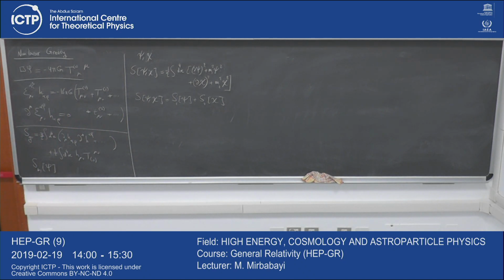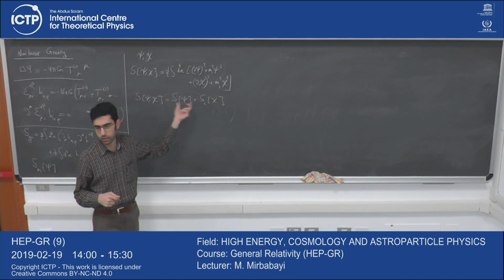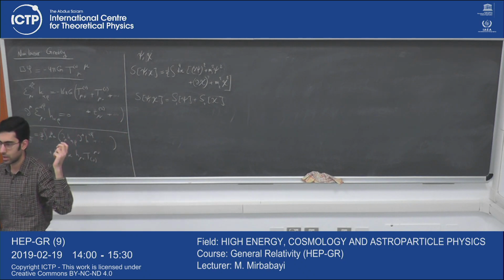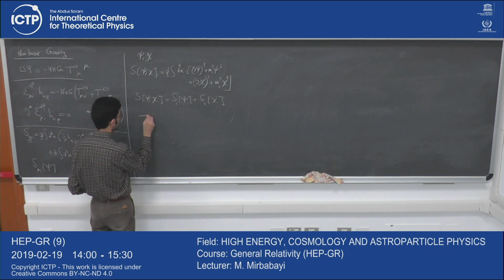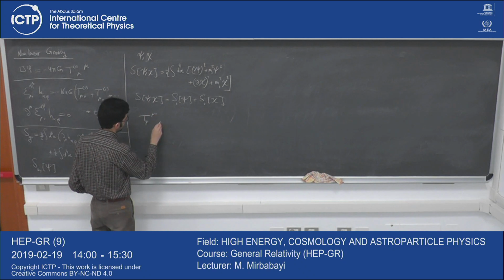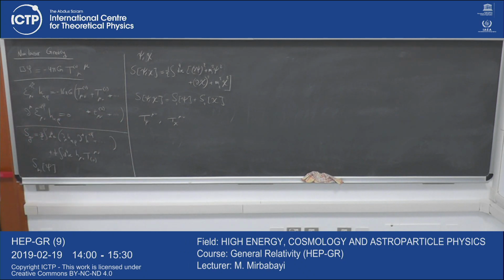The moment you have a situation like that, we can use the Noether theorem separately for these two actions and derive two conserved energy momentum tensors. So we can derive T^μν_ψ and T^μν_χ, two energy momentum tensors which are separately conserved.